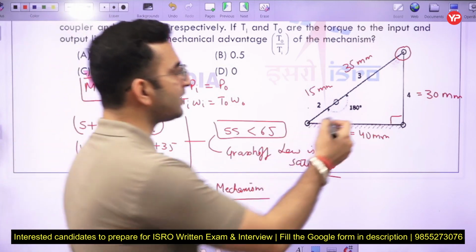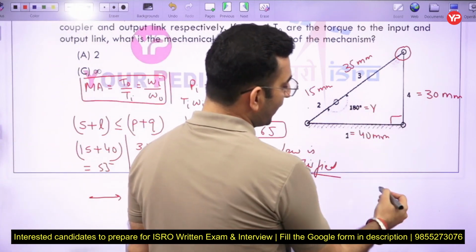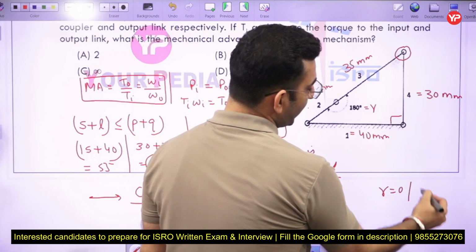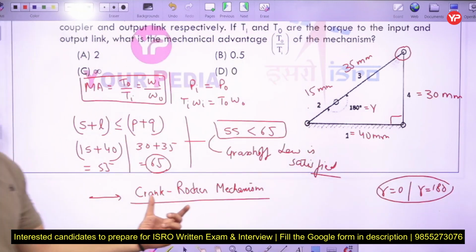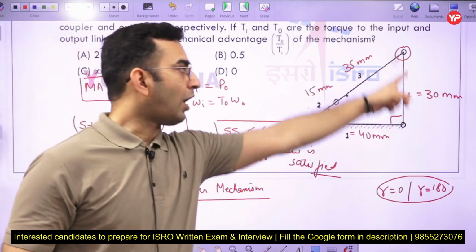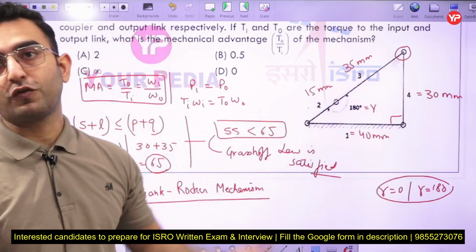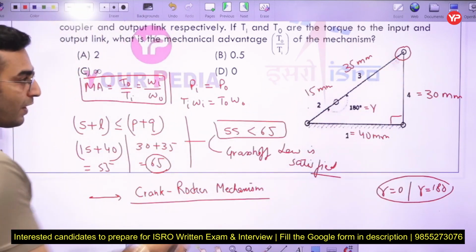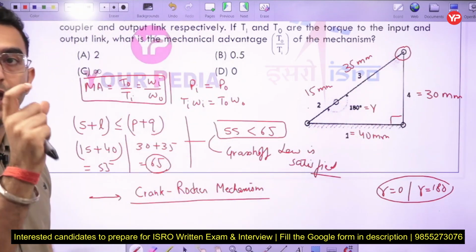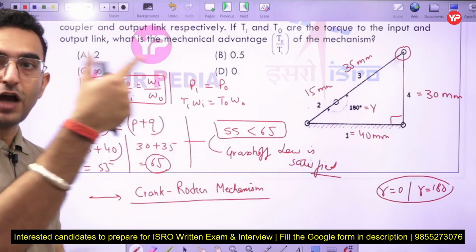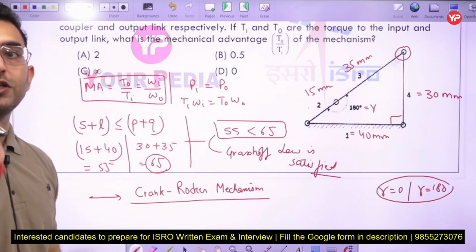Let us say the angle is gamma here. Generally, when the value of gamma is equal to 0 and when it is equal to 180 degrees in the crank rocker mechanism, we observe that the output link is at the toggle position. Whenever the output link is at the toggle position, the angular velocity of the output link is going to be 0 only.